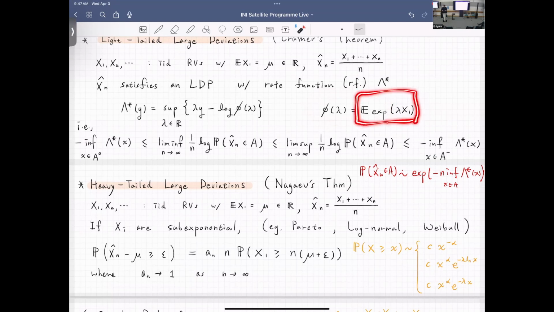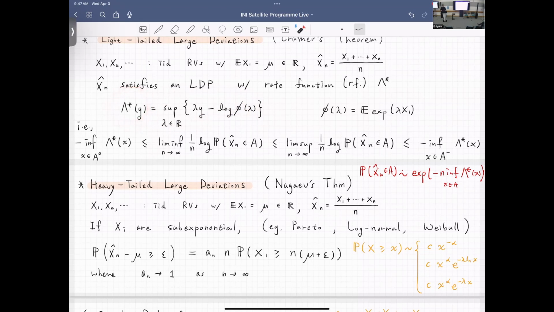So this is equal to 1 if lambda is 0, but for other values, suppose that it's always infinity. Then the whole thing is negative infinity except for the case where lambda is equal to 0. And when lambda is equal to 0, these are both 0 because log of 1 is 0.